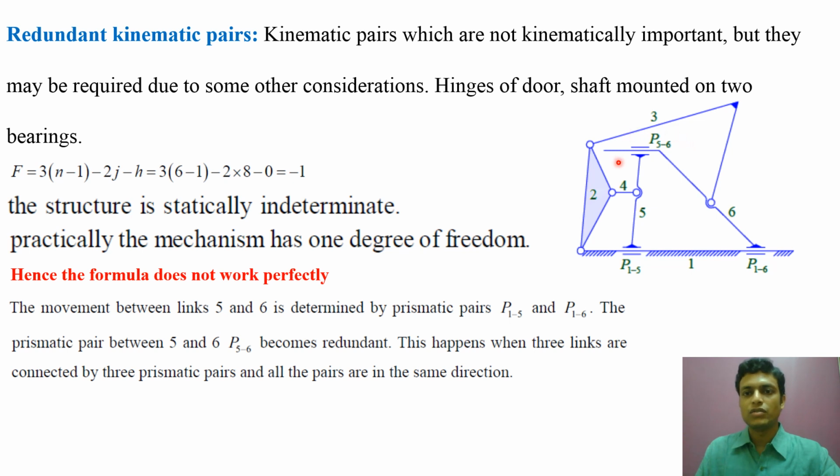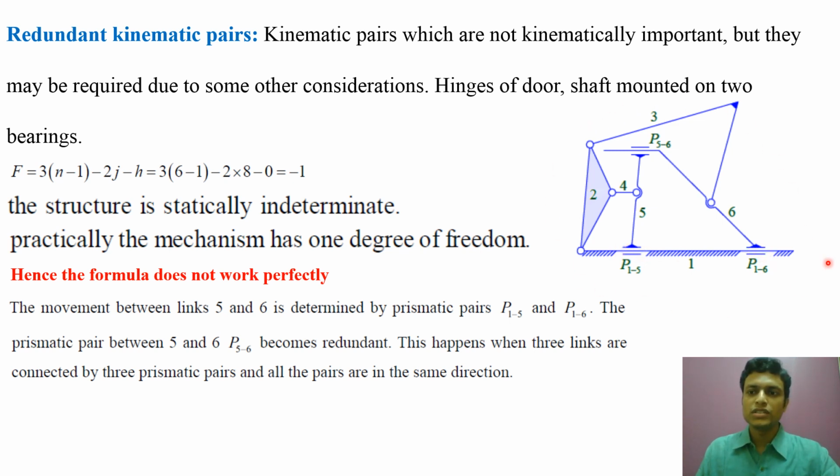There may be some other consideration, maybe a force consideration. So the prismatic pair between 5 and 6 becomes redundant. And this happens when three links are connected by three prismatic pairs. Here link 1, link 5 and link 6 are connected by P15, P16 and P56, three prismatic pairs, and all the pairs are in the same direction.